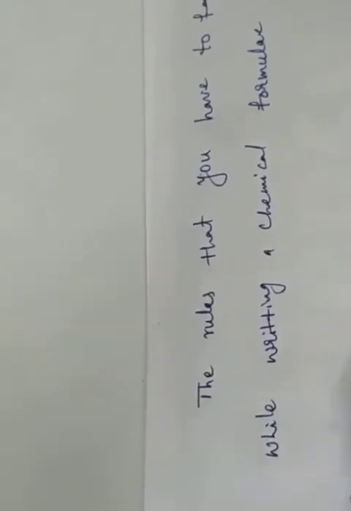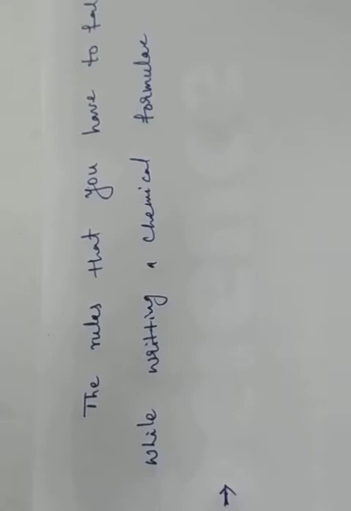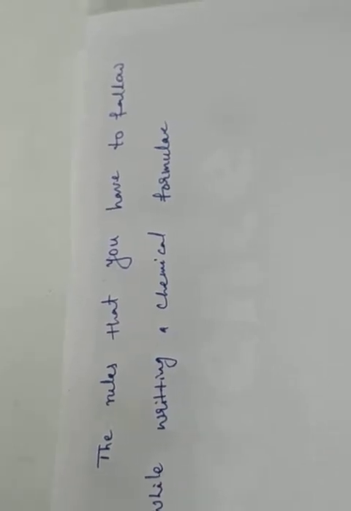Okay, see what the rules are. The first rule is the valencies or charges on the ion must balance. Suppose we take one ion; any charged particle is known as an ion.